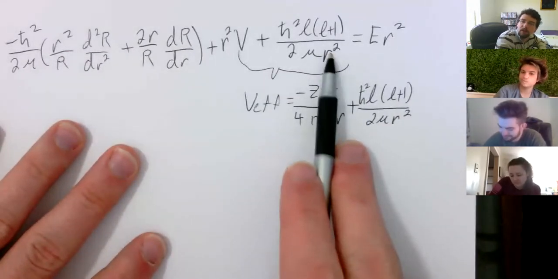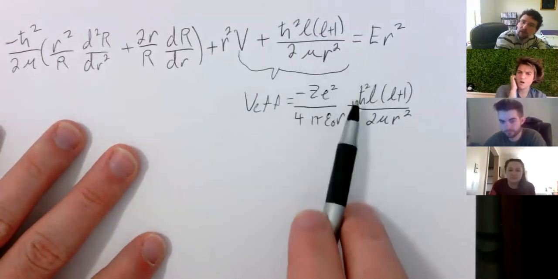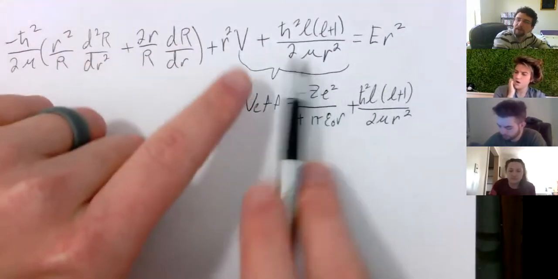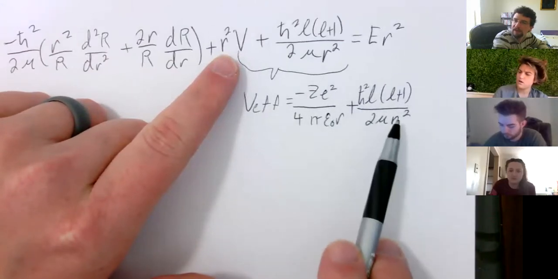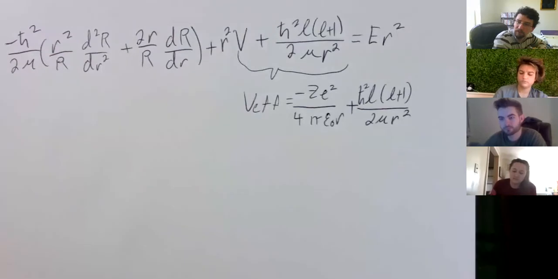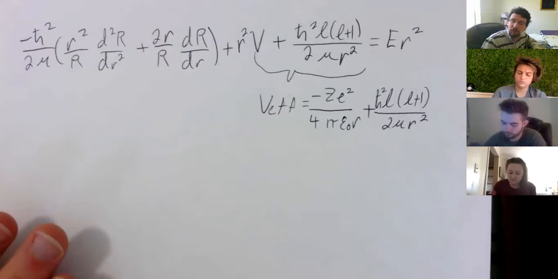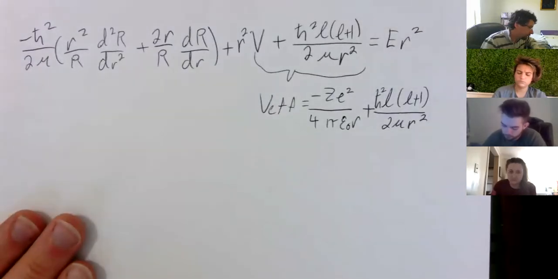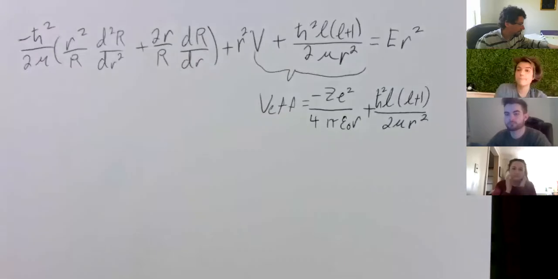This r squared up here actually should have been down here. That's why these are equivalent to one another. We just conglomerate everything into one V effective, because this expression depends on r and the value of L. Does that make sense? It doesn't really matter in the bigger picture, but in terms of mathematical sense, I wanted to make that very clear.